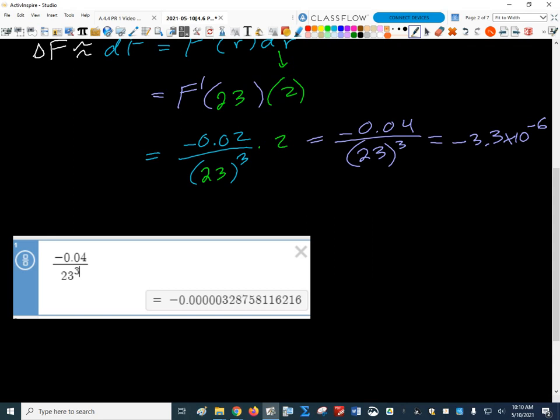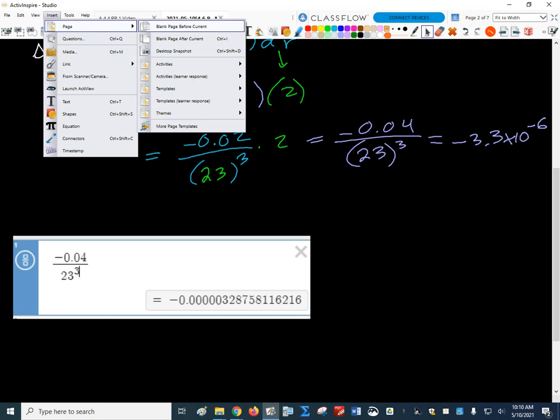Let's try another one. So this time, let's say we've got a metal plate where x is equal to 12.5 centimeters initially.